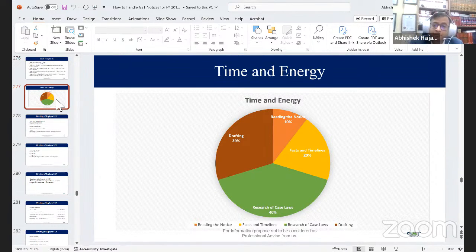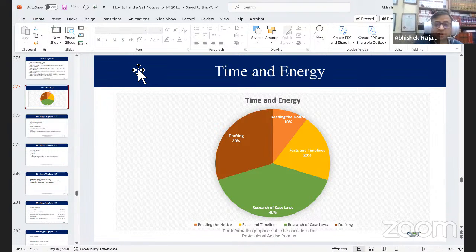This is my own timeline, how I spend my time. When I get a notice or an order, whatever time period in totality I have to use, 10% of the timeline goes to reading the notice. Then bifurcating these on the basis of facts, opinions, and the timeline takes double that time.